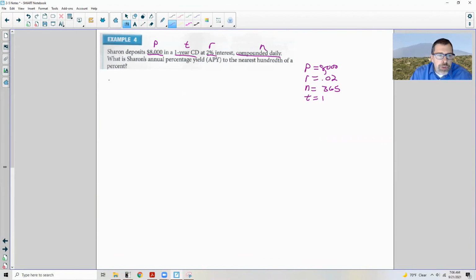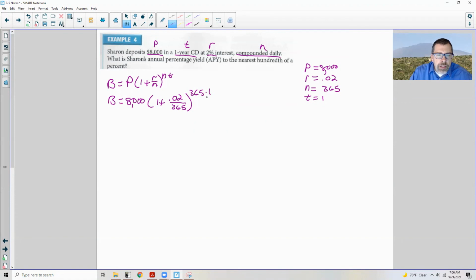So what we're going to do is use our formula B equals principal times 1 plus R over N to the power of NT. Substitute in everything, and we have 8,000 as our principal, 1 plus our rate, which is 0.02, over compounded daily 365 to the power of 365 times 1. Okay, so look kind of familiar here.